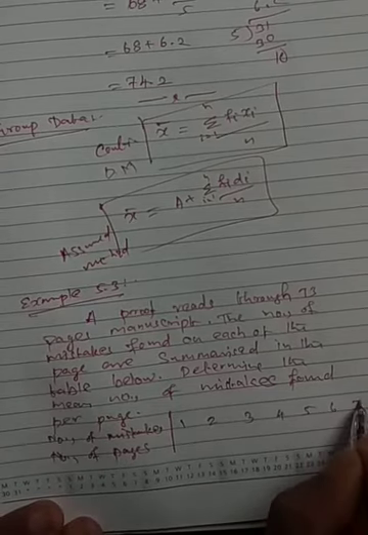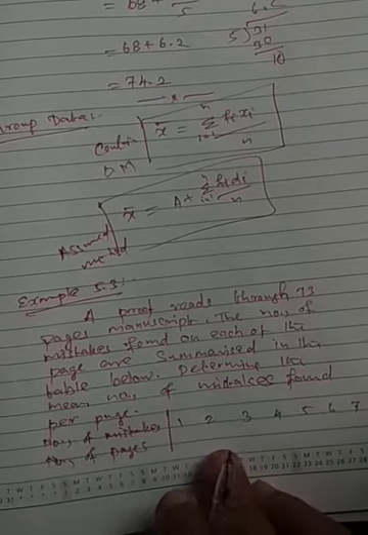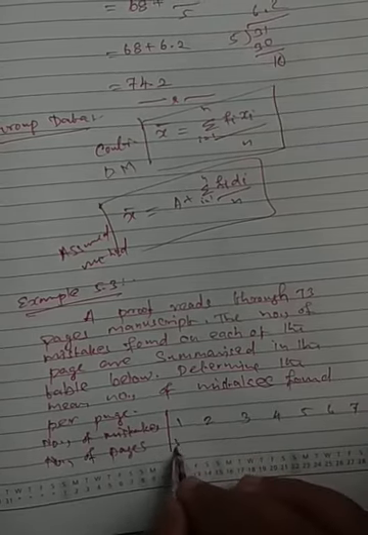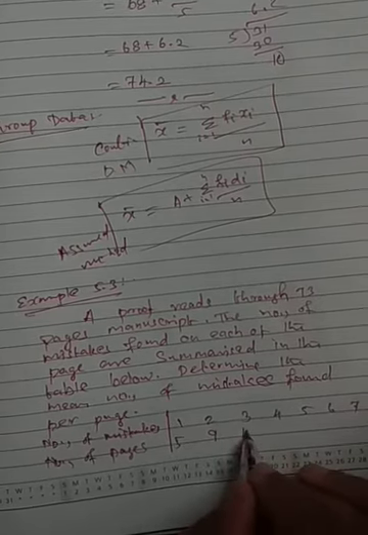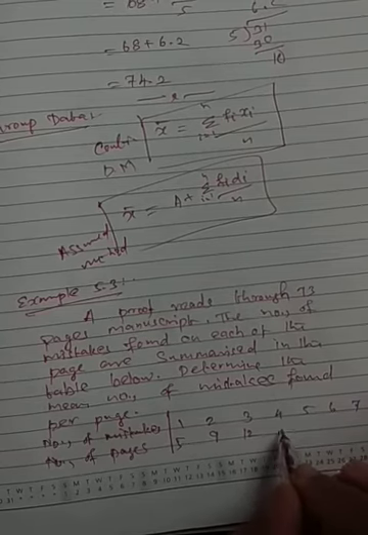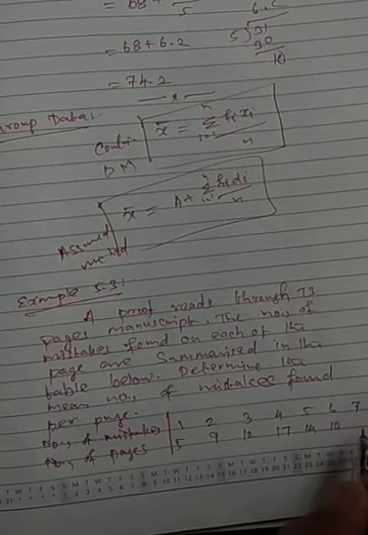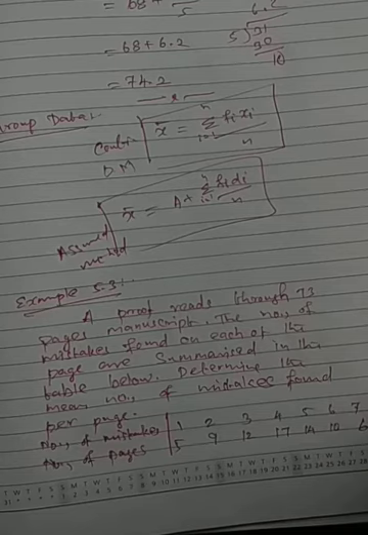This is the page mistakes. 1 mistake, 2 mistakes, likewise 7 mistakes are there. 1 mistake in 5 pages, 2 mistakes in 9 pages, 3 mistakes in 12 pages, 4 mistakes in 17 pages, 5 mistakes in 14 pages, 6 mistakes in 10 pages, 7 mistakes in 6 pages. They are given. So now we need to find its mean.